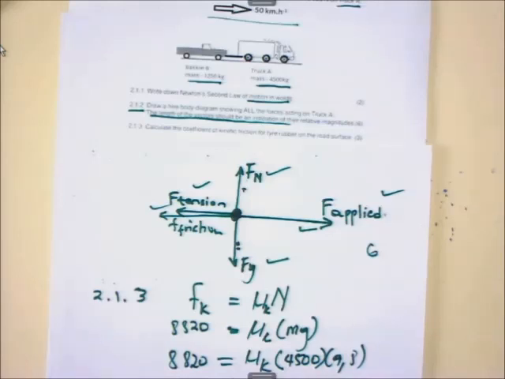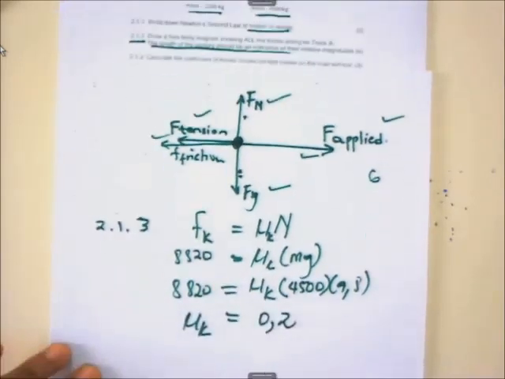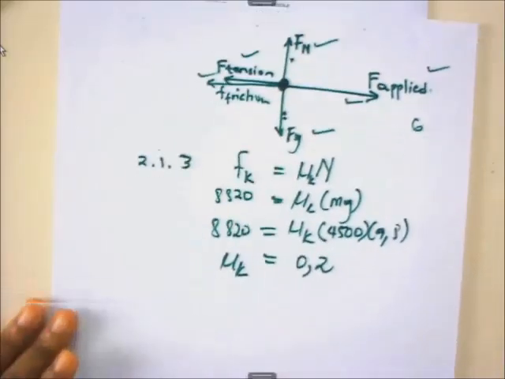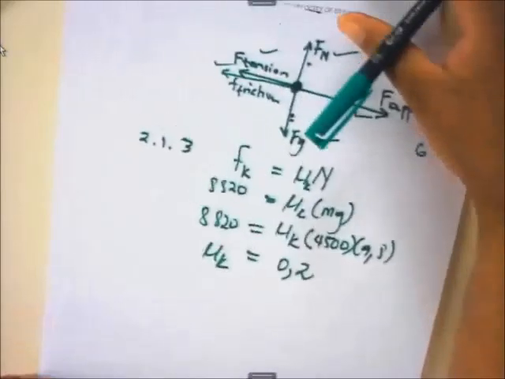Then we do our mathematics, whereby we multiply this and divide it by that. So the answer will be 0,2. There is no unit for a coefficient of kinetic friction. So this one was straightforward, it was easy. That's how we calculate the coefficient.